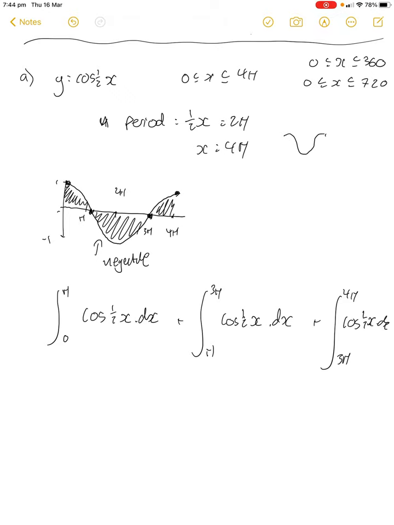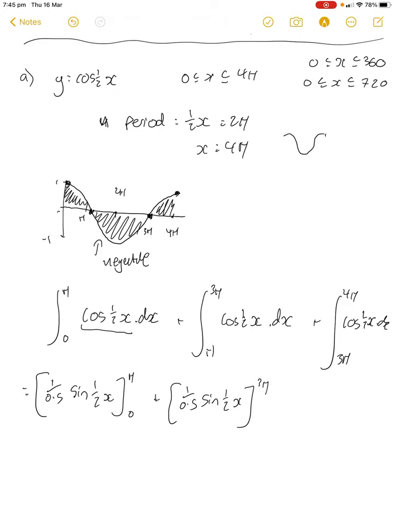Here we go. The first one, what does cos integrate to? Cos integrates to sine, and it's 1 over the coefficient. So it's going to be 1 over a half, 0.5, sine 1 over 2x, and we're going to be putting in pi and 0. Plus the same, because we're integrating the same thing. It's alright just to have this all laid out like this.